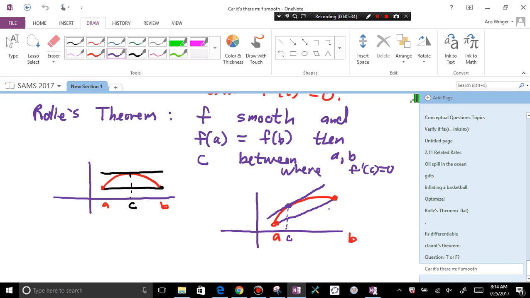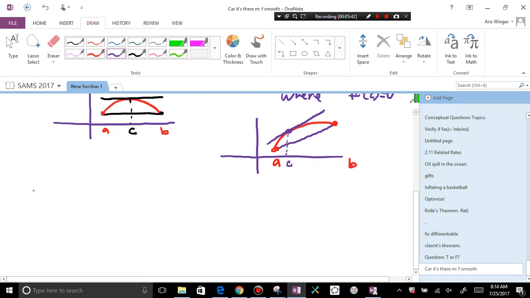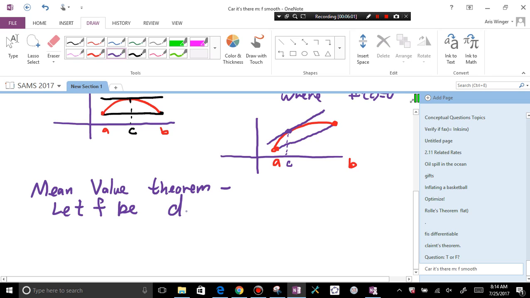So again, I like to motivate why a theorem is true. That is the picture of the mean value theorem. And so the mean value theorem says that, let f be differentiable.